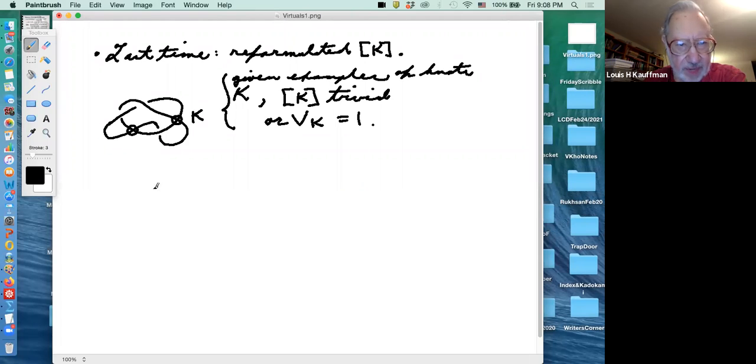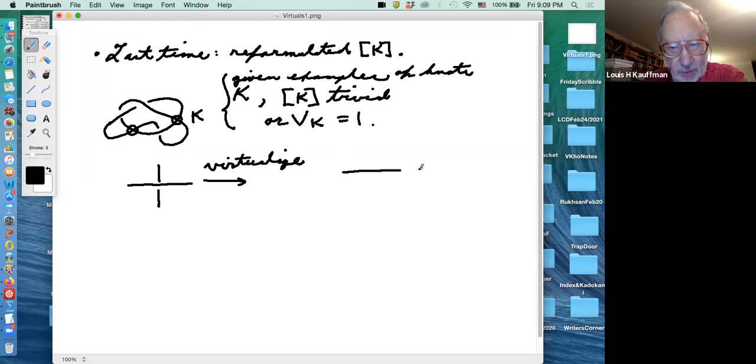And this was obtained by virtualizing a classical crossing. And by virtualizing a classical crossing, I mean that I change the direction, or in other words, the sign of the crossing, leaving everything else alone.